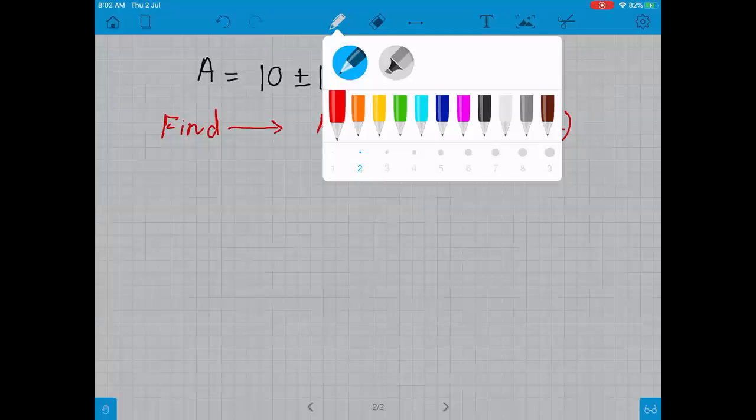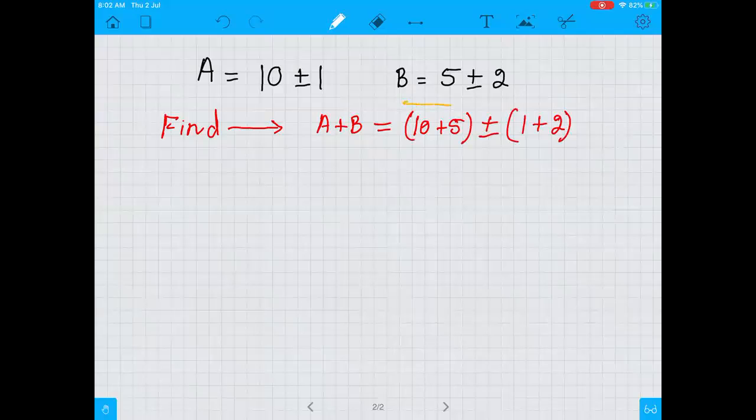So if the values are added, the uncertainties are added too.